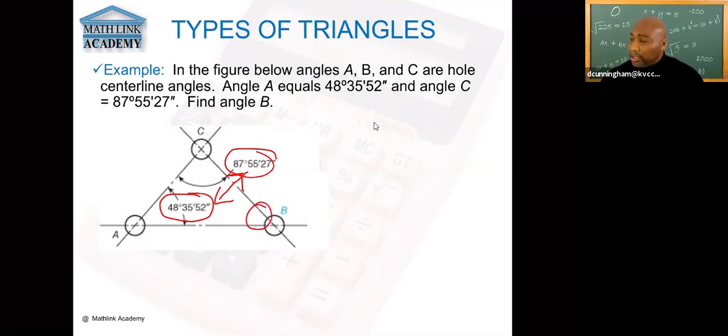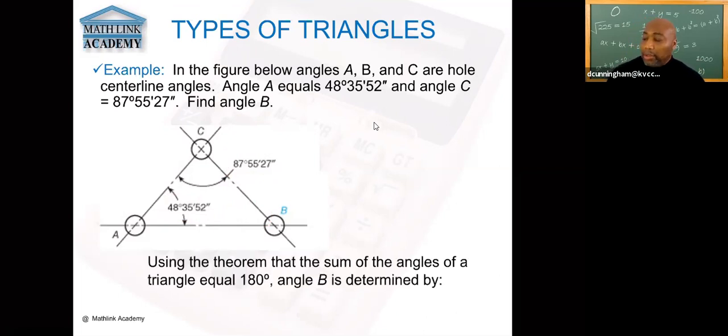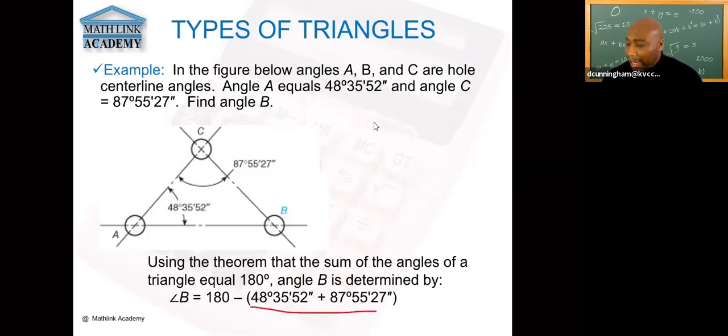So quickly, let's look at how the process looked. Again, I'm just going to talk about the process. We're going to use the theorem that the sum of the angles of a triangle is 180 degrees. So angle B is determined by 180 degrees minus the sum of the other two angles.